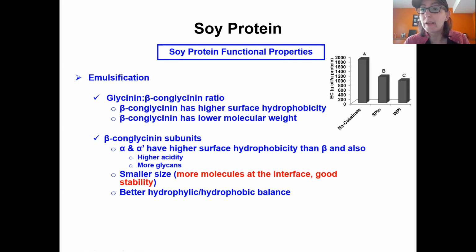It also has a better balance between hydrophobic and hydrophilic groups. It has higher surface hydrophobicity, but at the same time higher net surface charge because of the presence of glycosylated amino acids and also higher levels of acidic amino acids. So overall, it has a good balance of hydrophilic and hydrophobic residues on the surface.